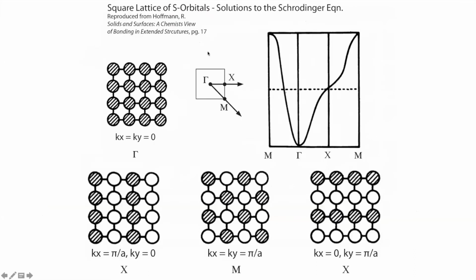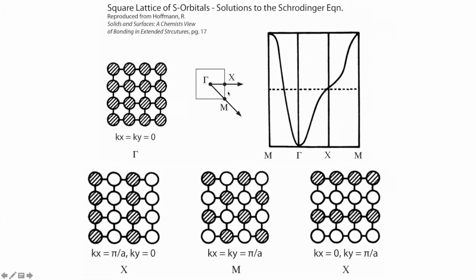So let's take a look at the unique solutions at the x point and at the m point. At the x point, you're just going horizontally. Only kx is changing. Ky is not changing. And so kx is pi over a, and ky is 0.